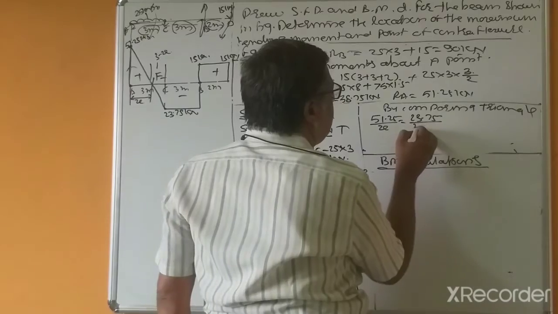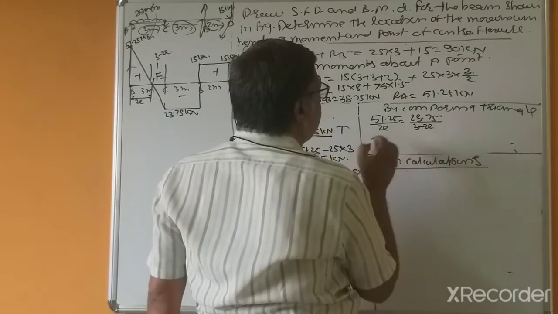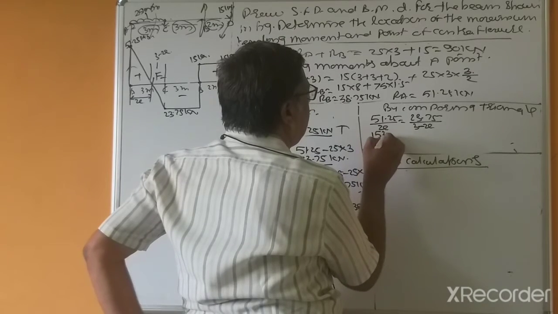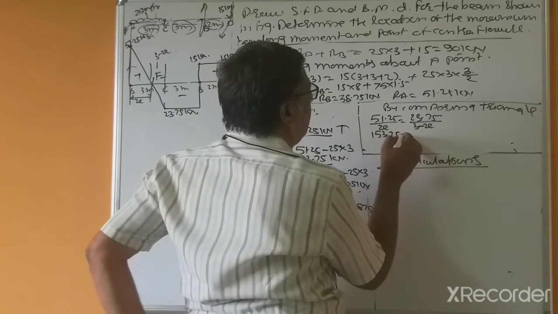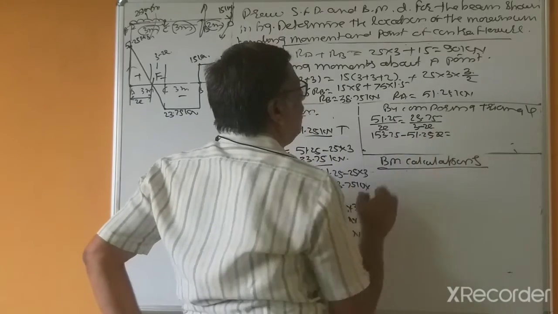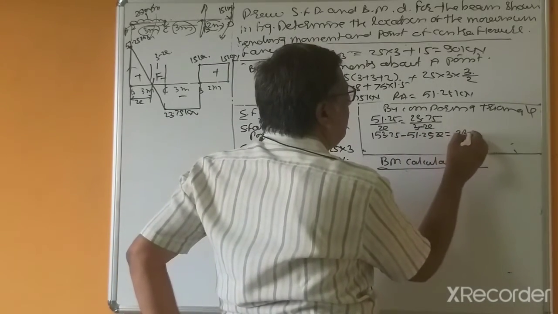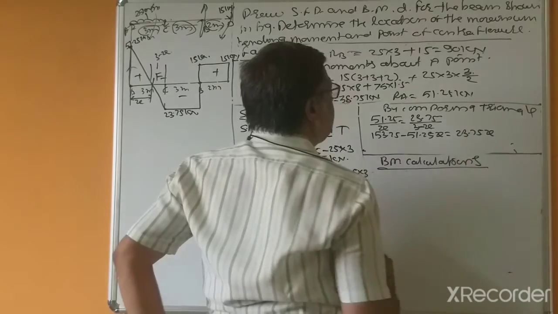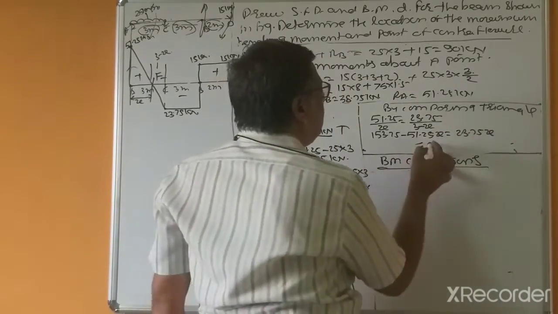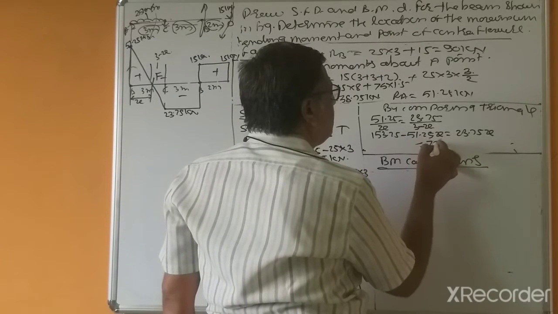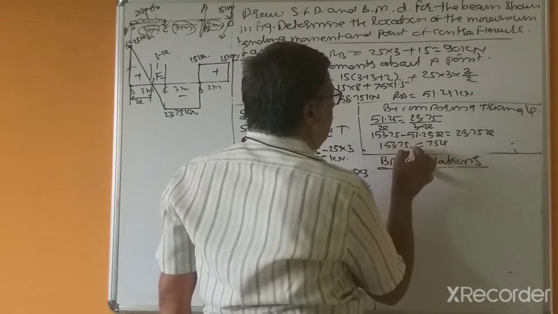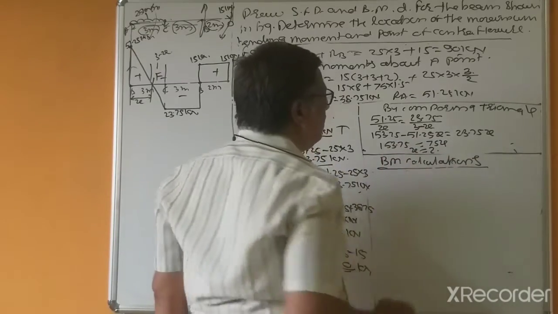This is 3 minus x. So 153.75 minus 51.25x equals 23.75x. 23.75, so this is 75x and this is 153.75. x equal to 2.05.